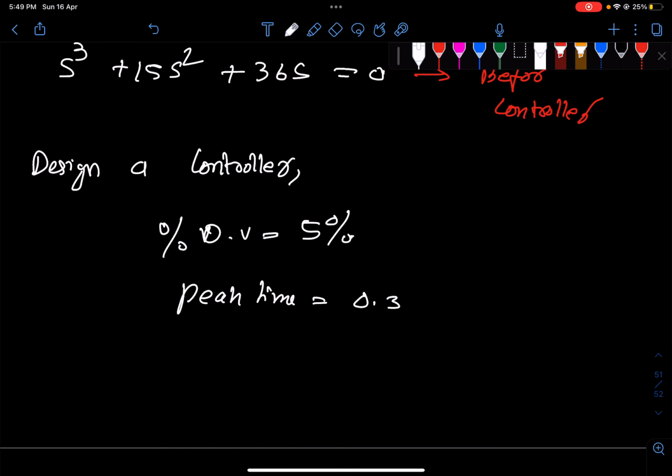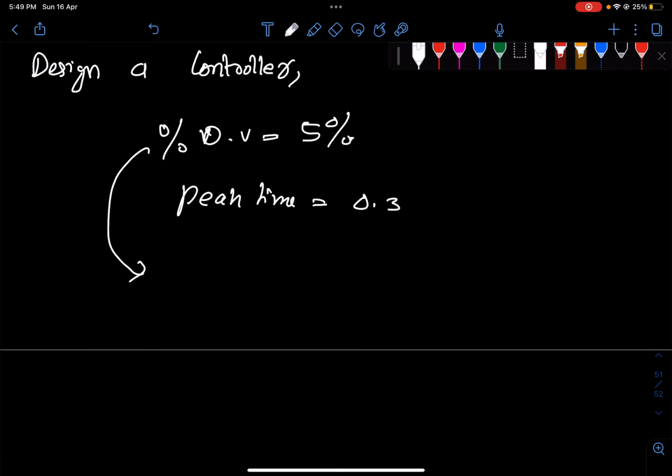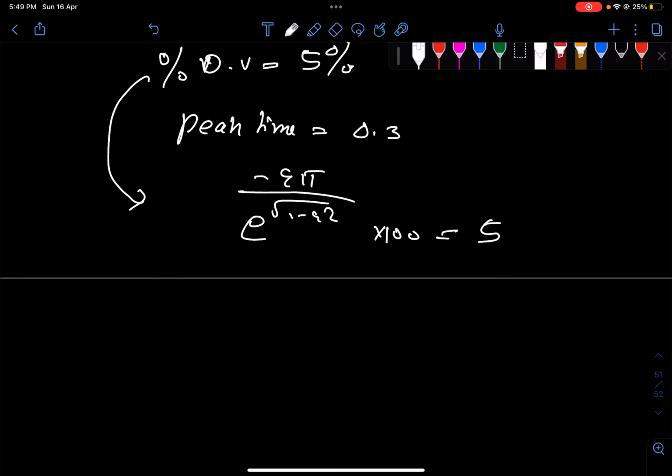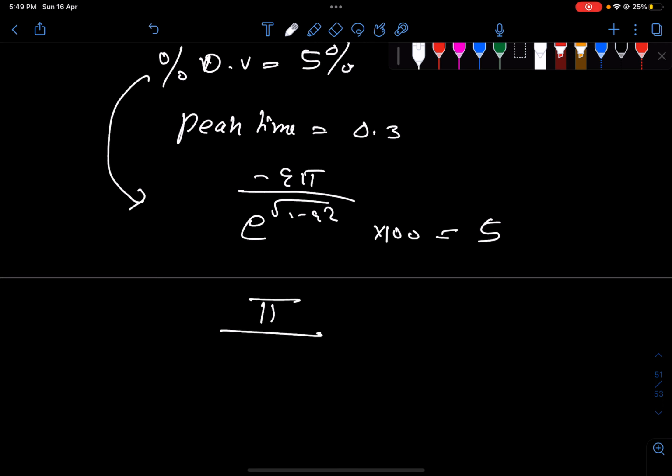If that is given, then how to proceed? From peak overshoot, you know that e to the power minus zeta pi over root of 1 minus zeta square, into 100, is 5%, right? And the peak time formula is pi divided by omega d. That is 0.3.